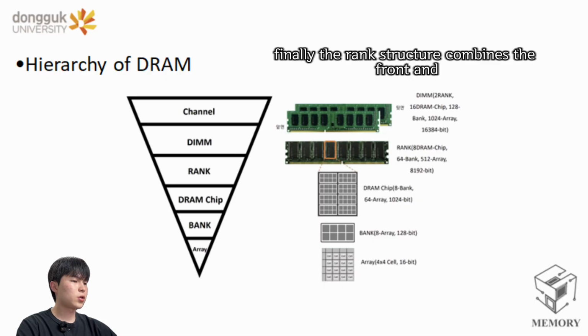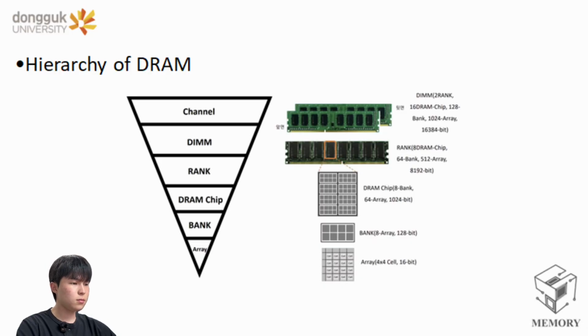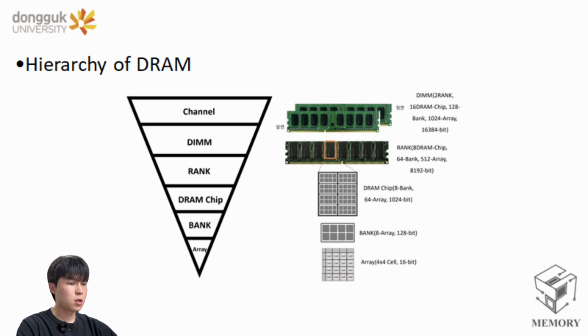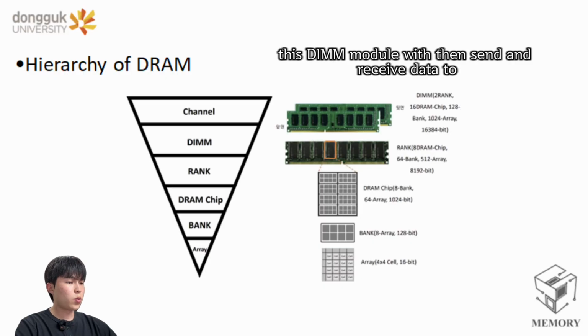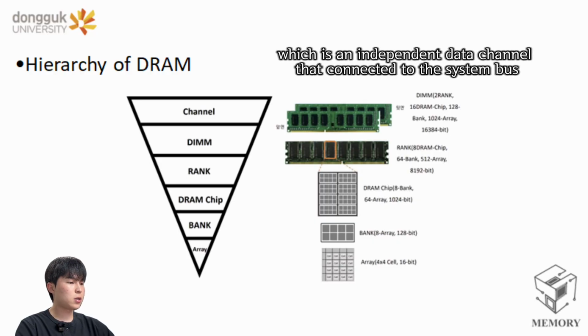Finally, the rank structure combines the front and back to form the final memory module, DIMM, which is mounted directly on the motherboard. This DIMM module will then send and receive data to and from the processor through a channel, which is an independent data channel connected to the system bus.